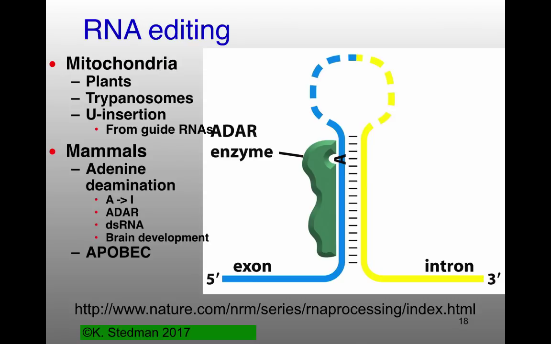So adenine deamination goes from adenine to inosine, which is going to change the base pairing interactions that happen at that particular nucleotide. This only happens if you have a double-stranded RNA sequence that the ADAR enzyme is going to interact with. Because if you modified all the adenines, it would be a god-awful mess.